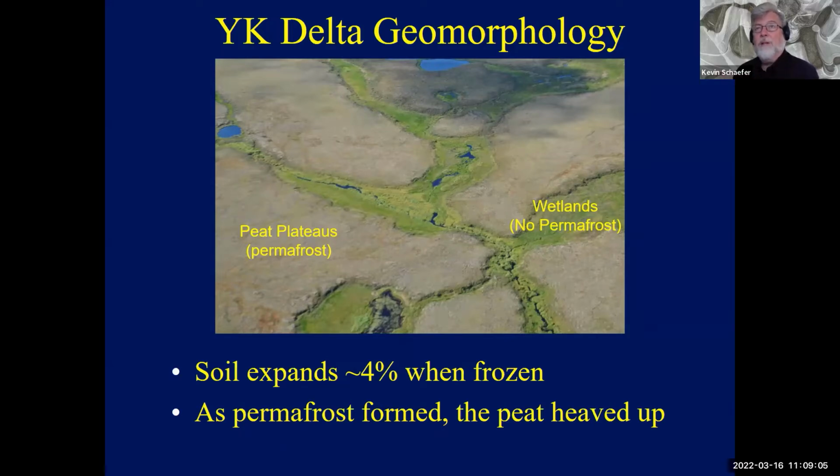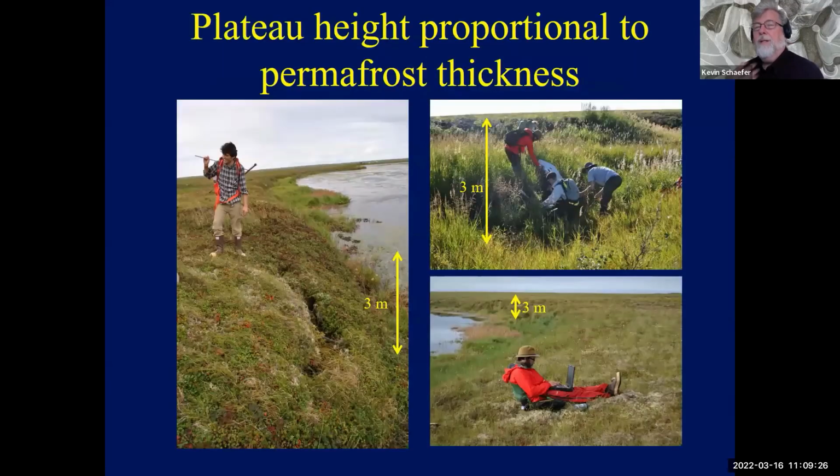In the thermokarst gullies and wetlands, there is no permafrost, or at least we couldn't detect it. And so this is what we're seeing here. So essentially, the geomorphology of the area is pretty much driven entirely by the formation of permafrost. And so the heights of these peat plateaus are actually proportional to the thickness of the permafrost itself.